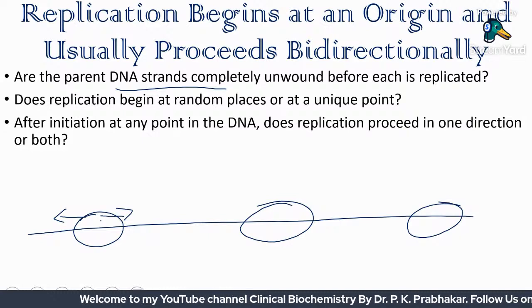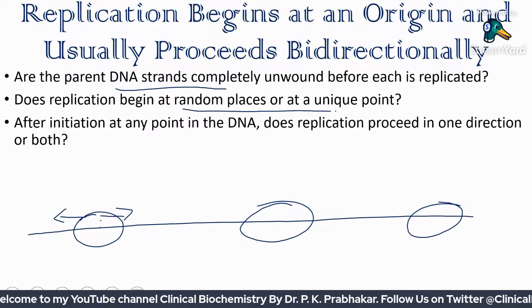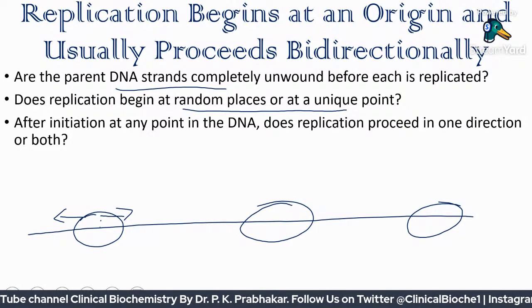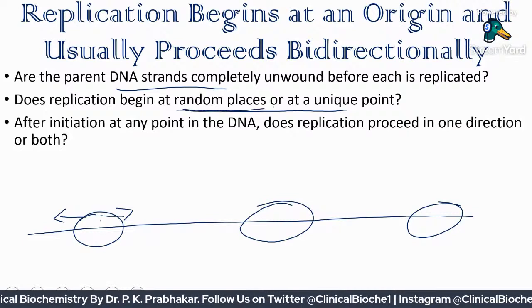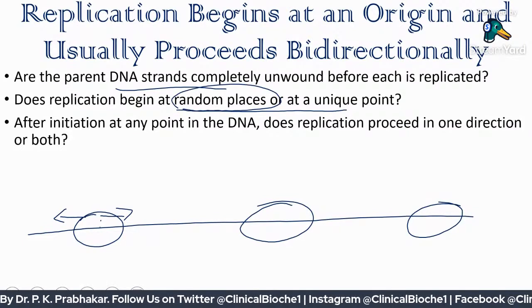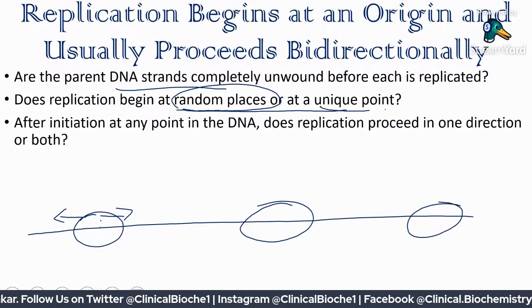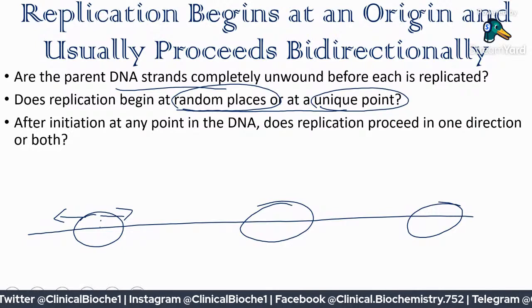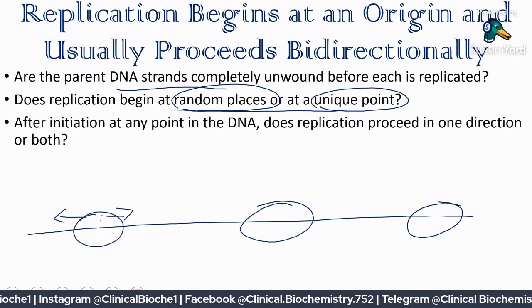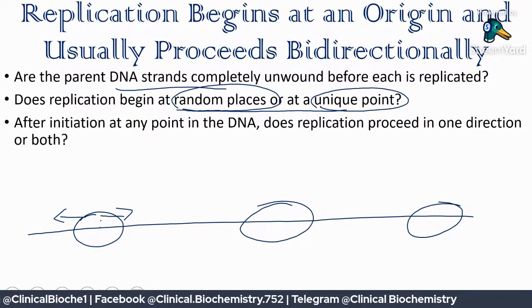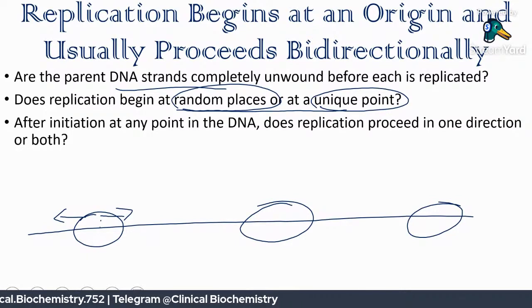Second question: does replication begin at random places or at a unique point? It does not occur at random places. It starts at a specific, unique point, which we call the origin of replication or ORI site. After initiation at any point of DNA, does replication proceed in one direction?